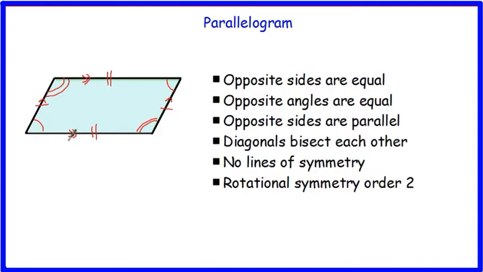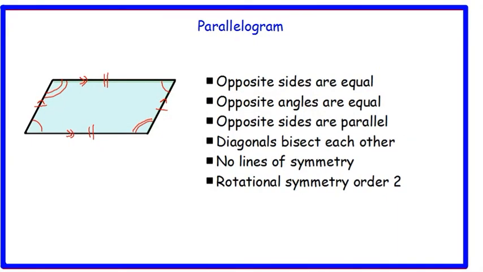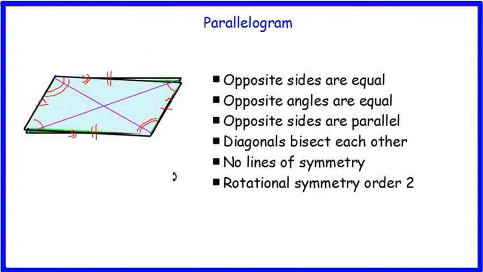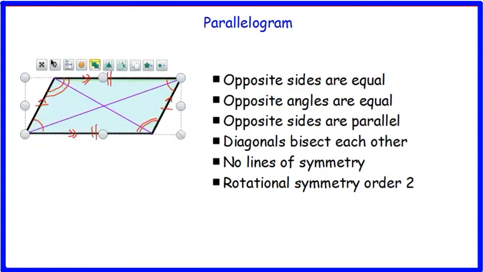Diagonals bisect each other, so these just cut each other in half. That's halfway, midpoint on both lines. It has no lines of symmetry, so you can't fold it. But it does have rotational symmetry of order 2, once and twice.